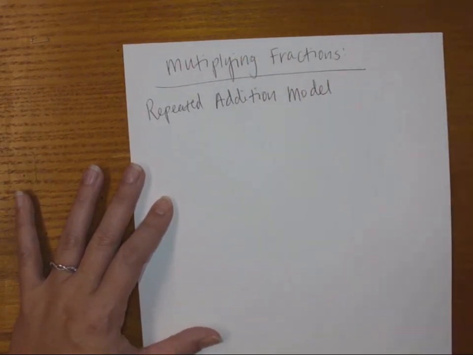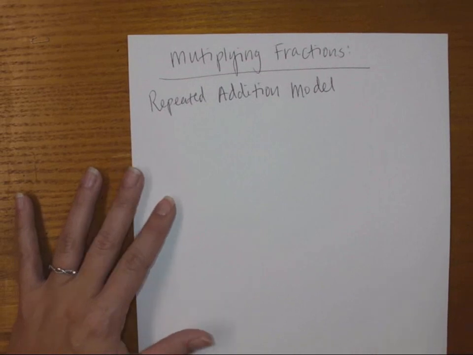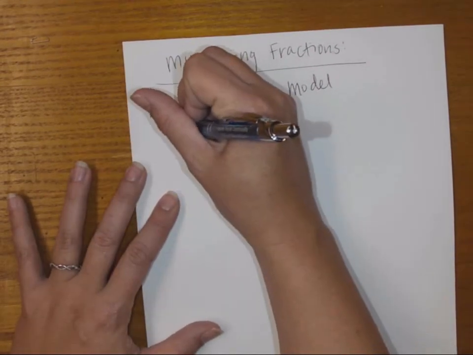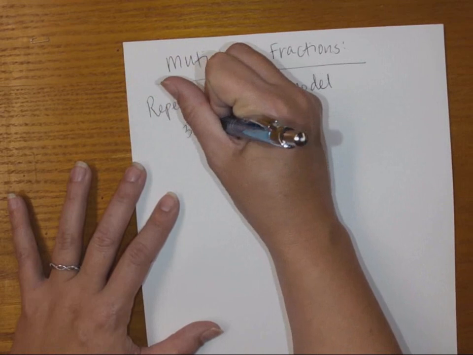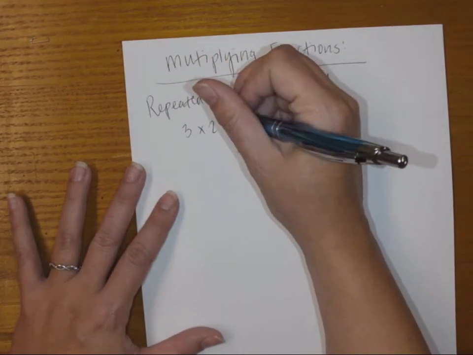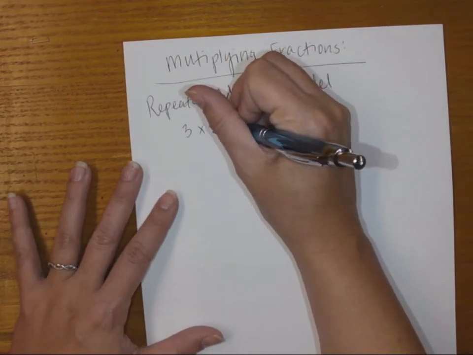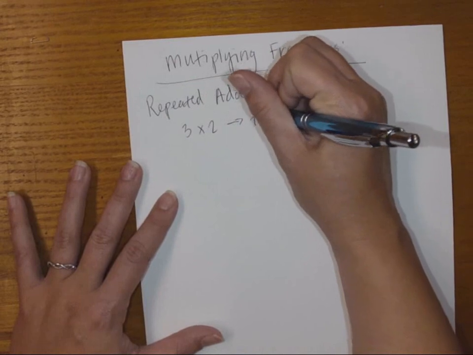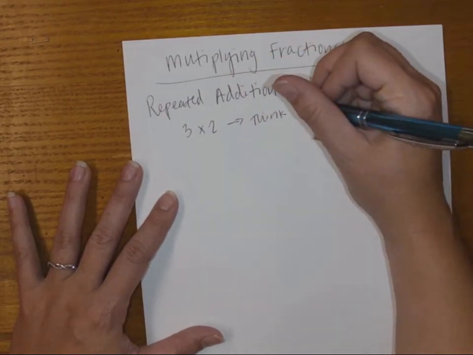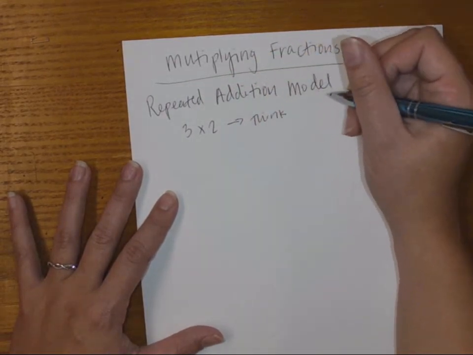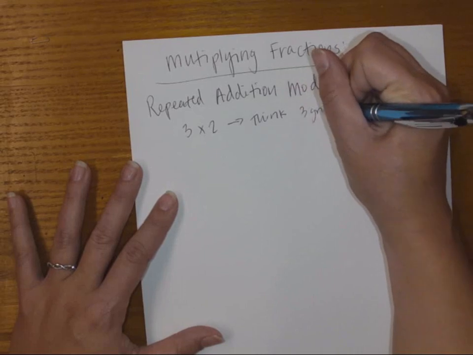So just a quick reminder, for whole numbers using repeated addition, if I wanted to do 3 times 2, my thought process was I'm thinking add 3 2 times, or 3 groups of 2.